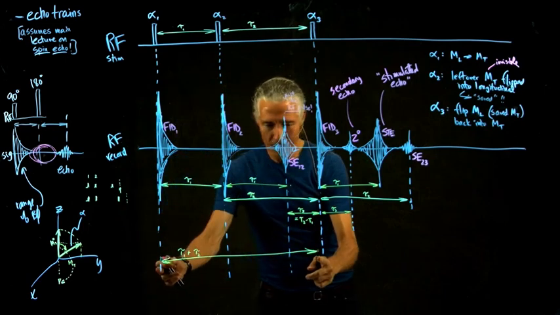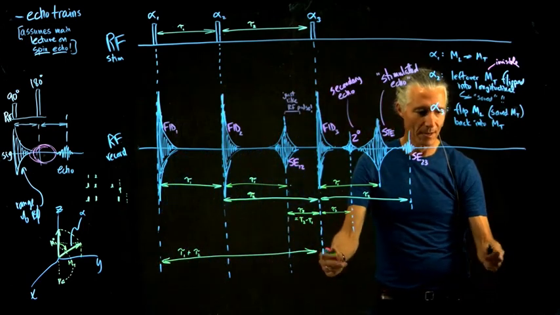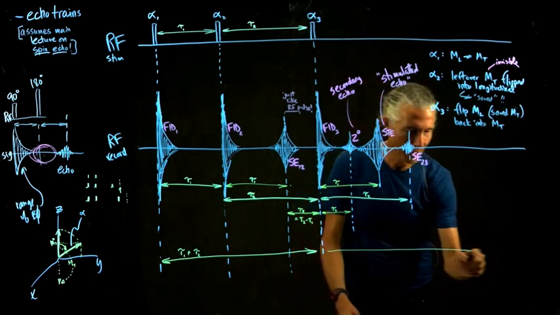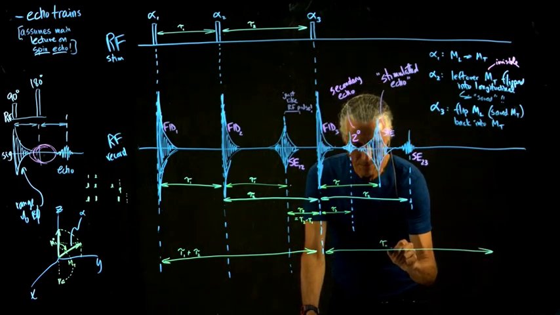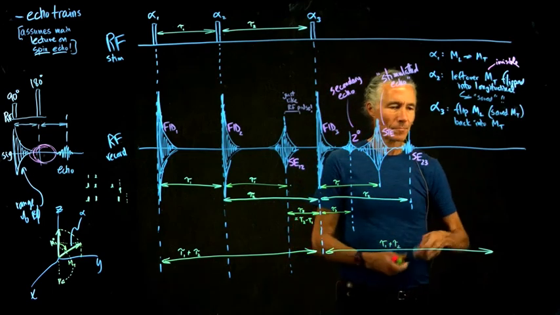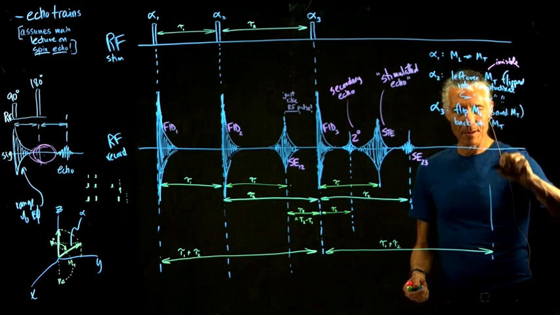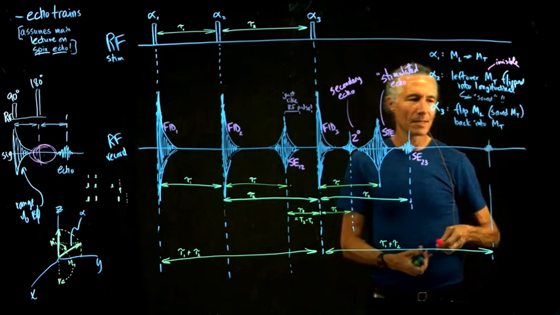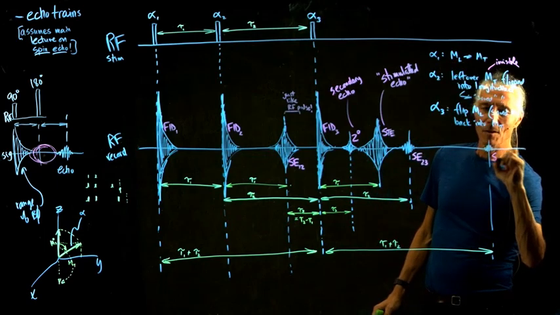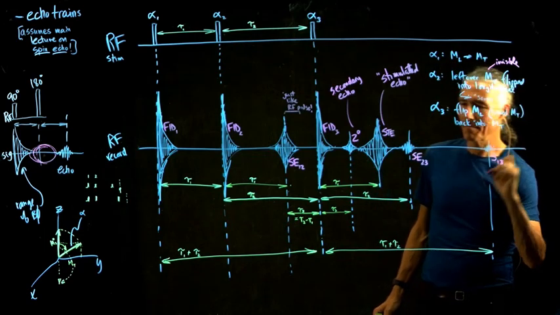If we go that amount of time later over to here, then we've got another spin echo plus tau 2. So at that point, there'll be yet another little echo there. And what is that? That's a spin echo made from 1 and 3.